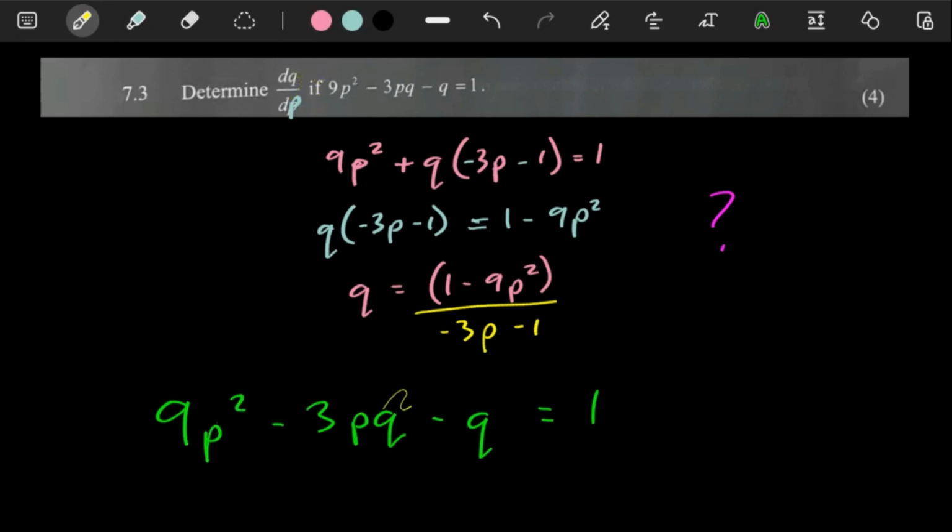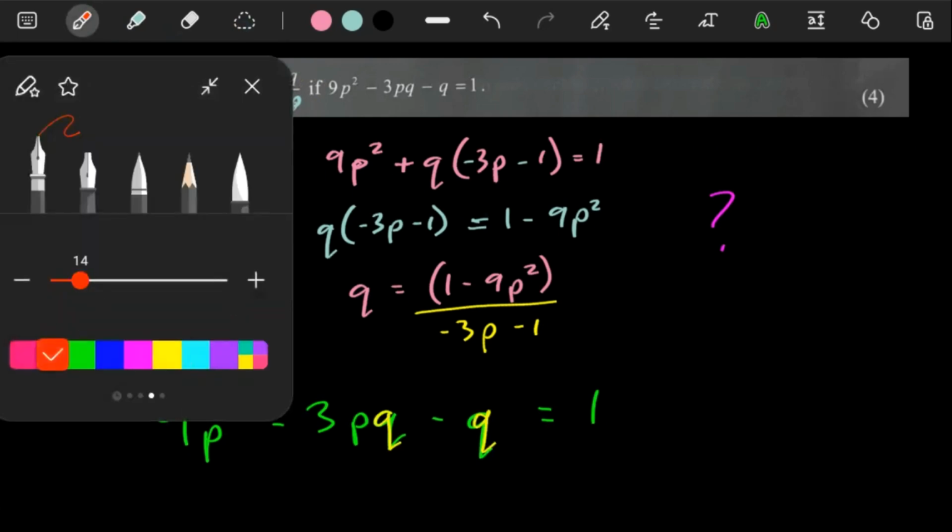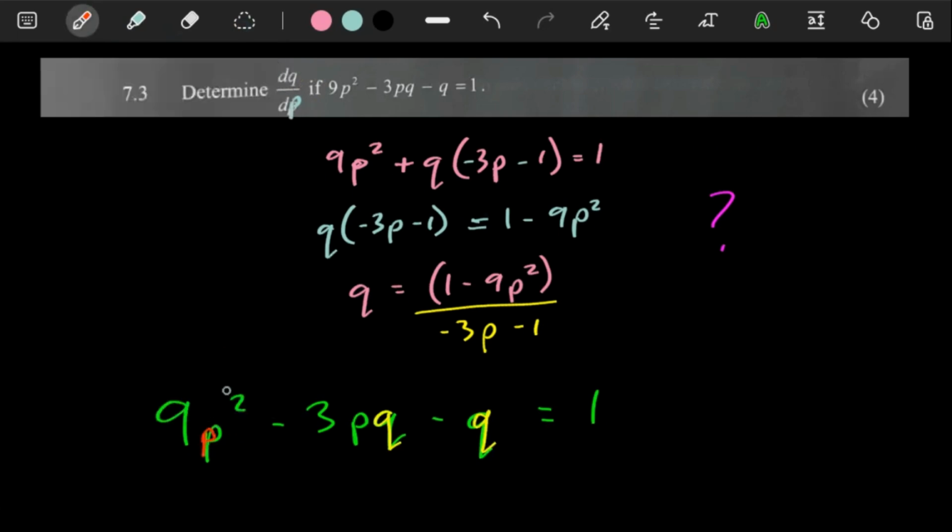So what you know is there's a q here, there's a q here, and there is a p here and there is a p here. So in a situation like this one, we tried to take out q and we did whatever we did, and it just didn't work out.